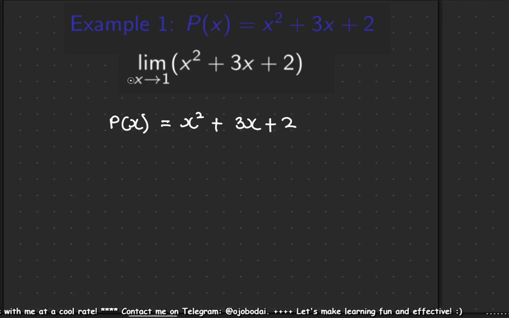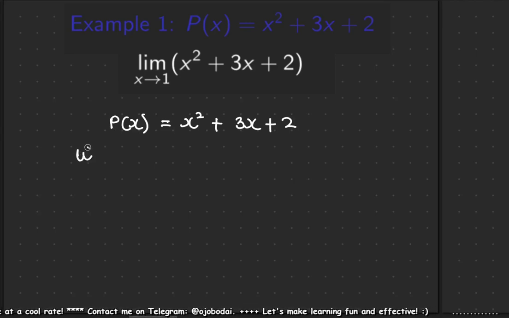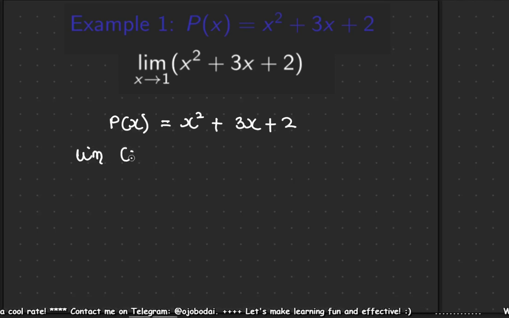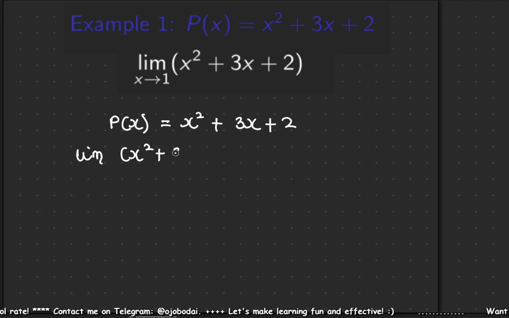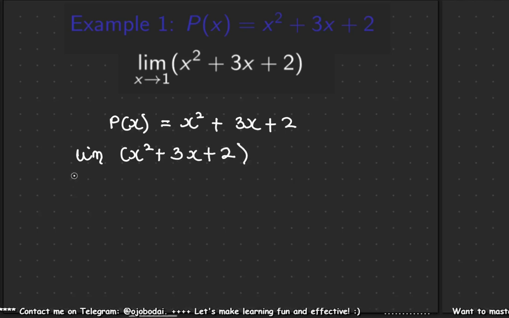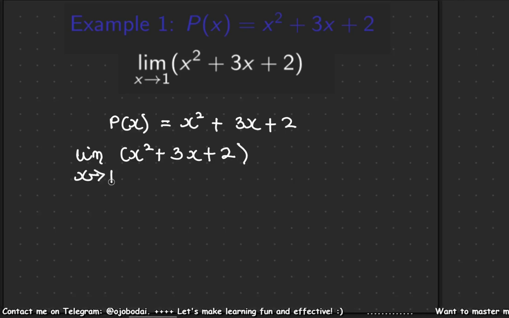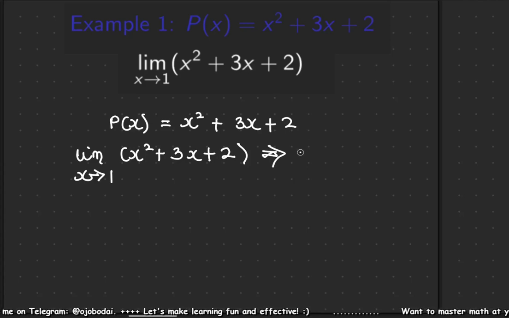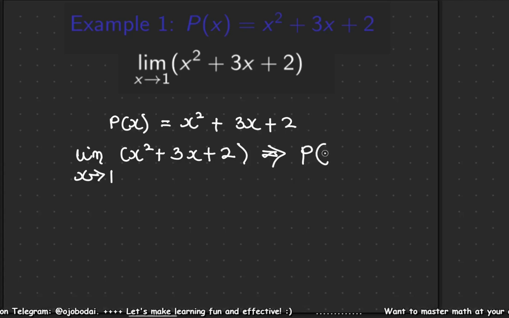We want the limit as x is approaching 1. So the limit of this function, x squared plus 3x plus 2, as x approaches 1 is simply given by, since it is a polynomial, the value of the polynomial at x equals 1, and that will be our limit.